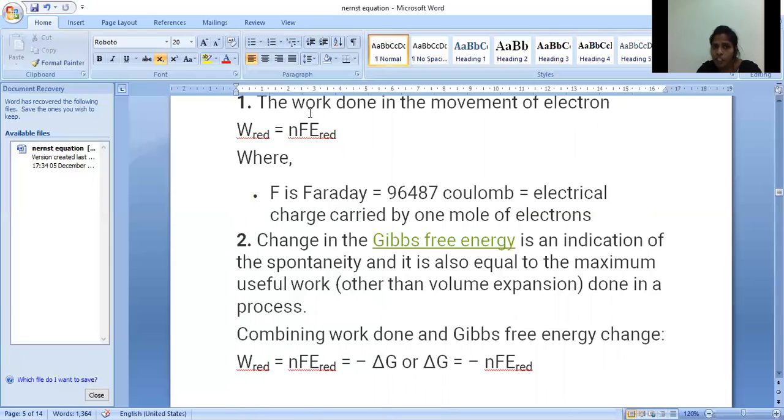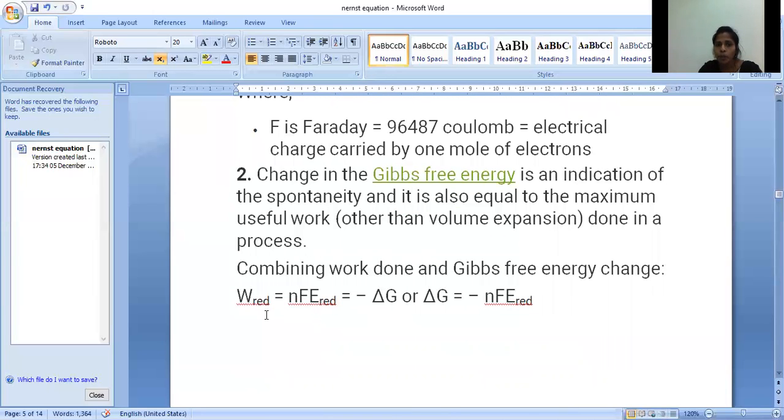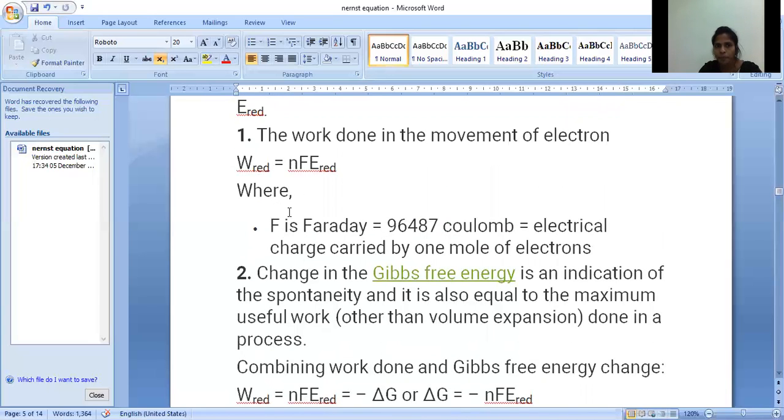From this expression, we know that W equals nFE. But what is the maximum work done? It is the negative of the change in the Gibbs free energy. Change in the Gibbs free energy is delta G. So that's what we are writing here. W_red is nFE_red.